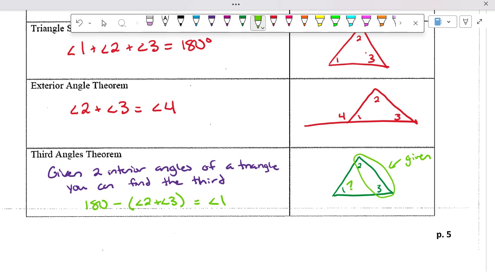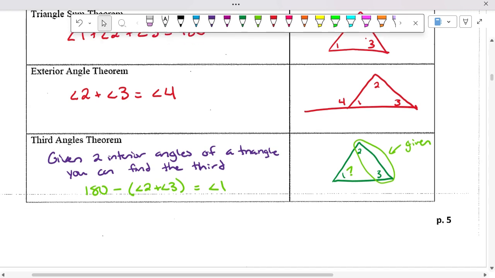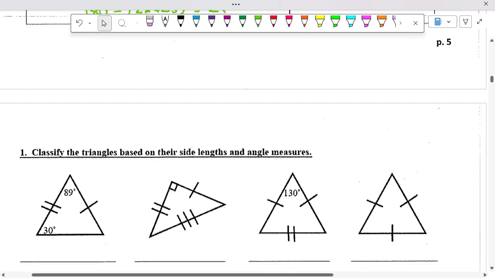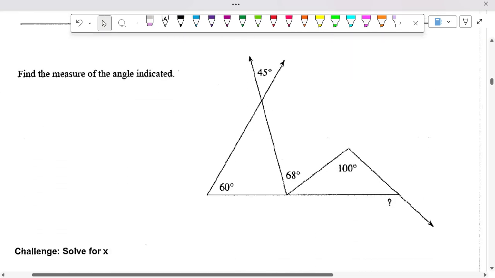It just actually has a proper name. Now, the next theorem comes into play when we talk about the specific types of triangles. But before we do that, let's actually classify some triangles.